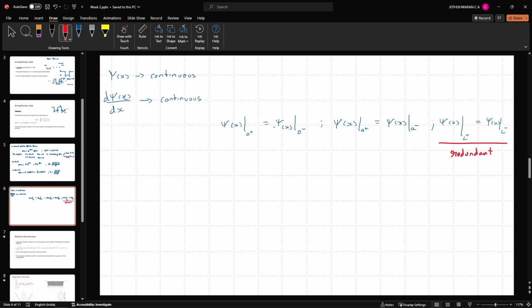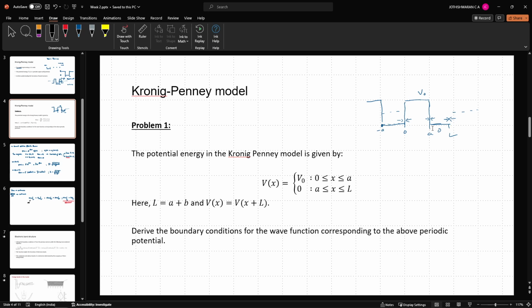Now psi of x at 0 means we will have to take the 0 plus, like to the right, this function will be the exponential function. So over here the wave function in this region will be my exponential function.